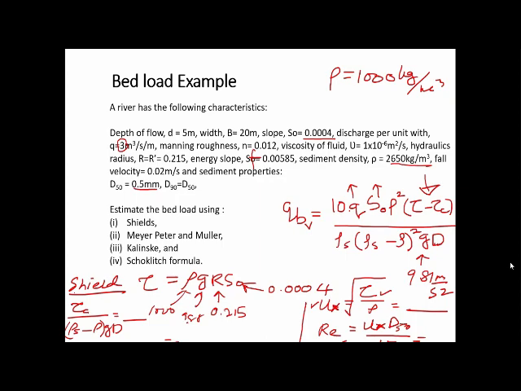So if it asks for shear stress, you look for the equation for tau. If you want to find tau C, then you go back to the Shields diagram to determine the critical bed shear stress.